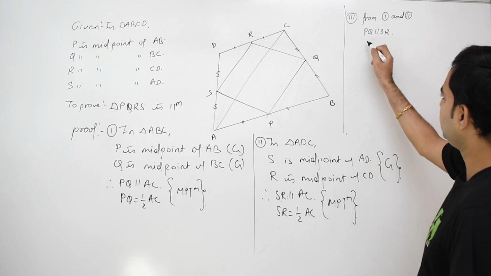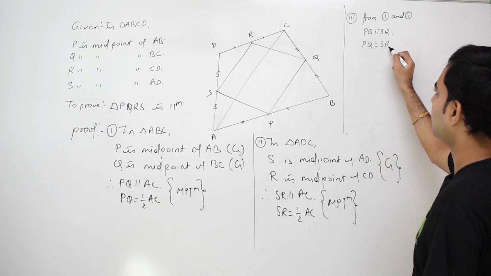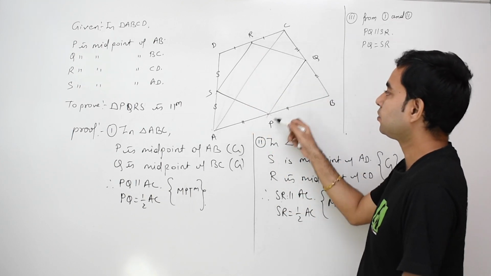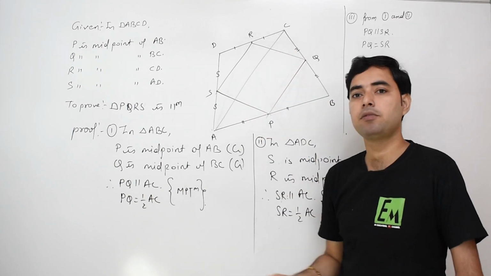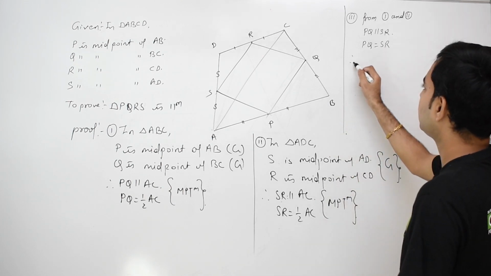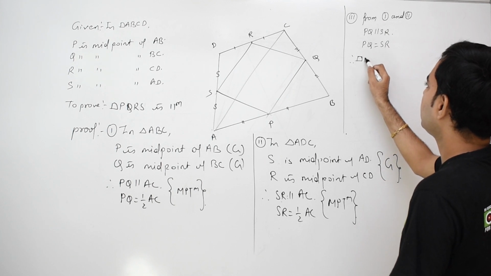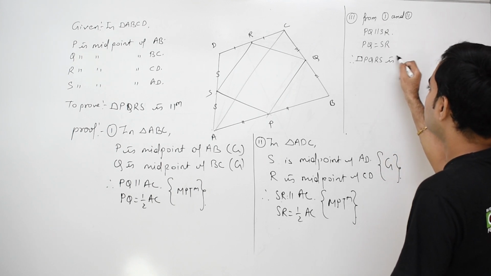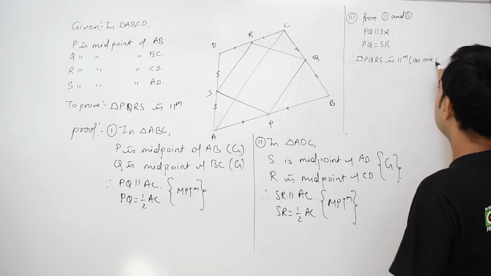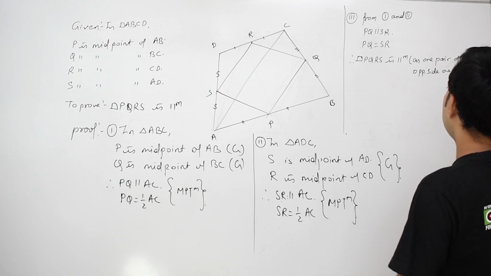It means that PQ is equals to SR. PQ is parallel to SR means one pair of opposite side is parallel as well as equal. So quadrilateral PQRS is parallelogram as one pair of opposite side are equal and parallel.